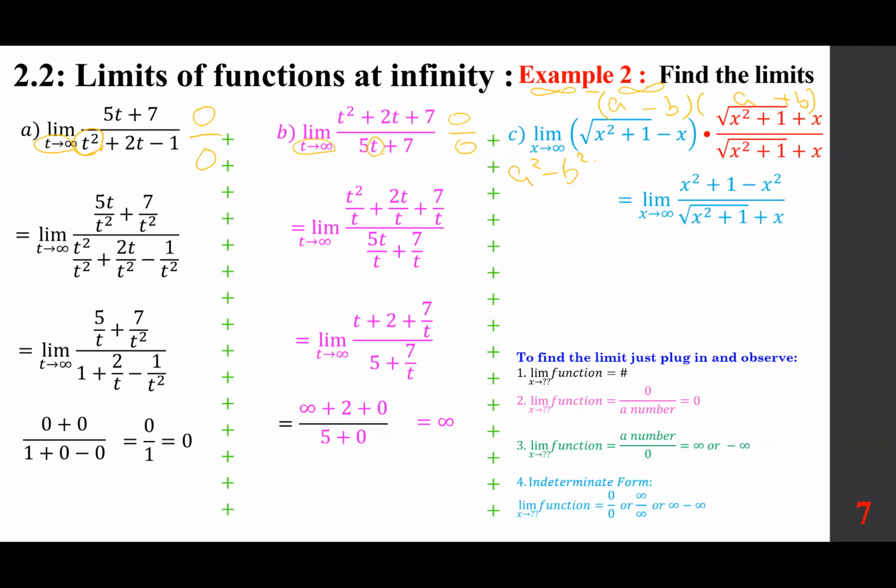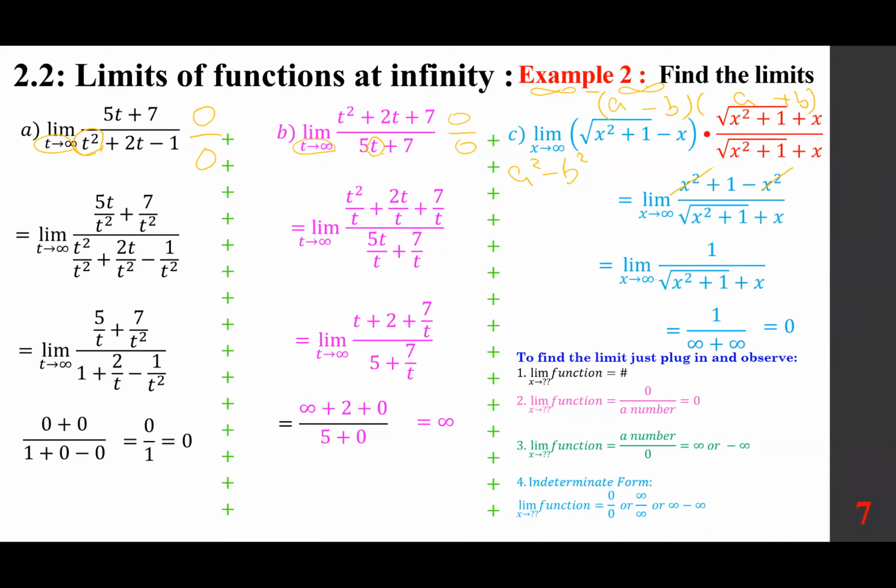The denominator, nothing happens to it. These two cancel each other. And now if we replace the x with infinity, then the denominator is infinity plus infinity, which is still, of course, infinity. And the answer is any number over infinity is 0.